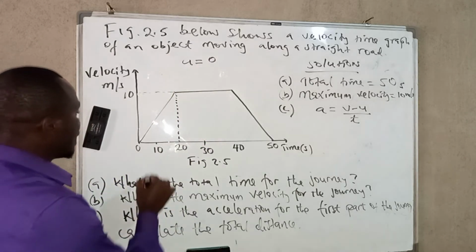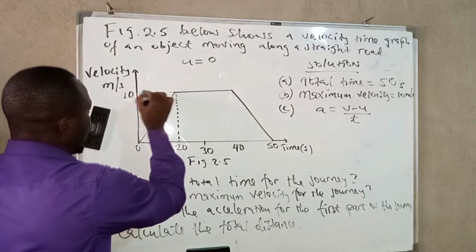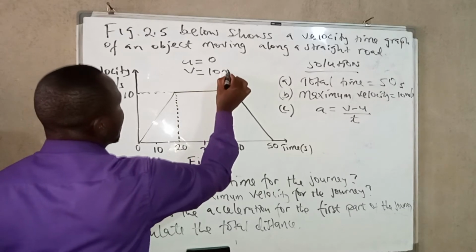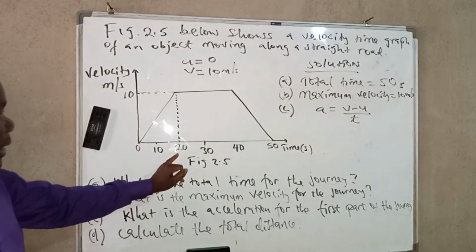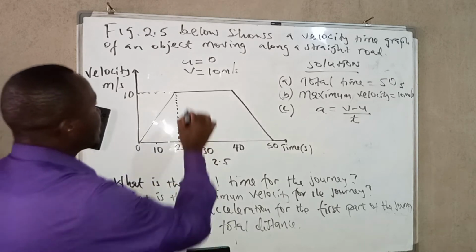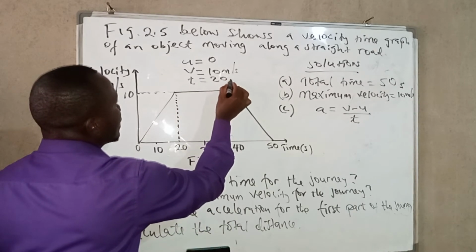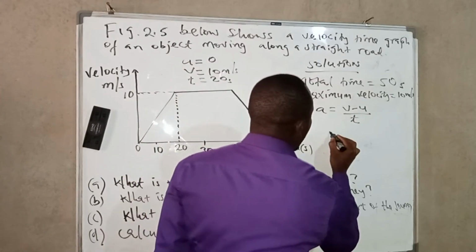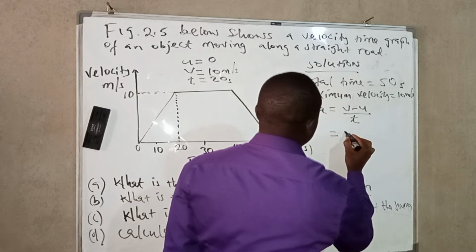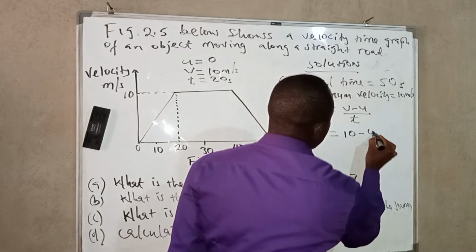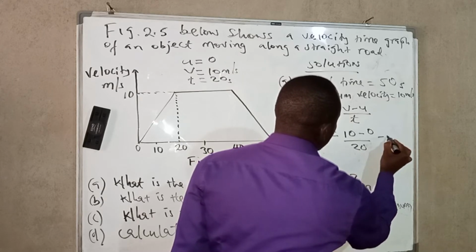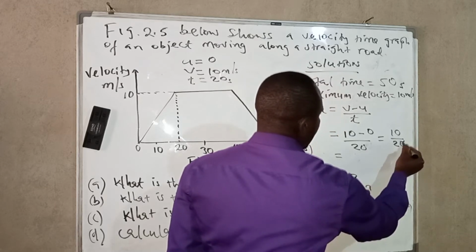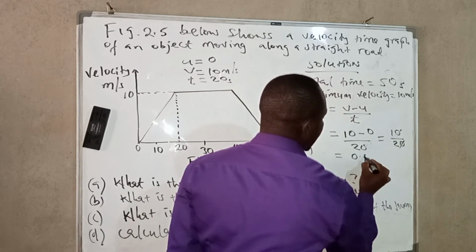Then the final velocity is the maximum velocity in this case, v is equal to 10 meters per second. And the time is 20 seconds. If we plug this into the equation, we have 10 minus 0 over 20, which gives us 10 over 20. So we're just going to have 0.5.